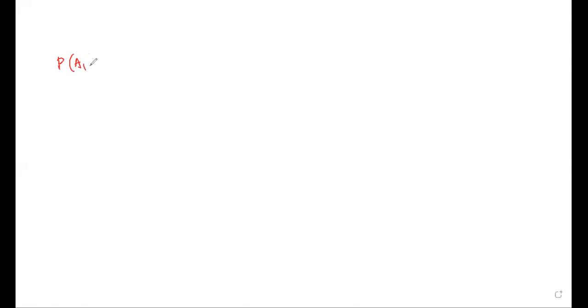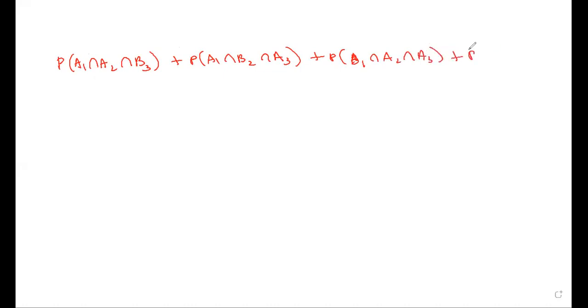A wins the first game and A wins the second game, loses the third game. Another possibility, A wins the first game, B wins the second game, and A wins the third game. Another possibility, B wins the first game, and A wins the second and third. Last, all the 3.